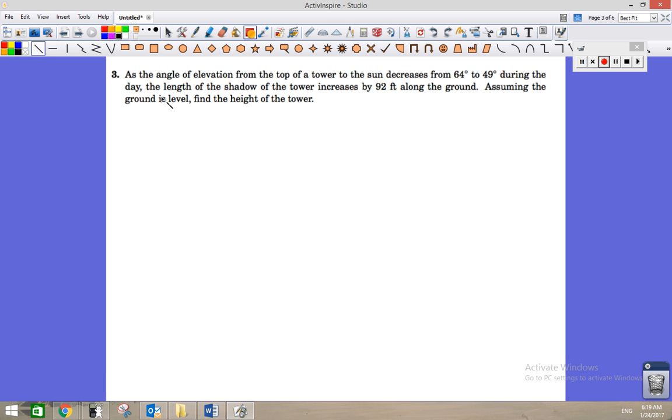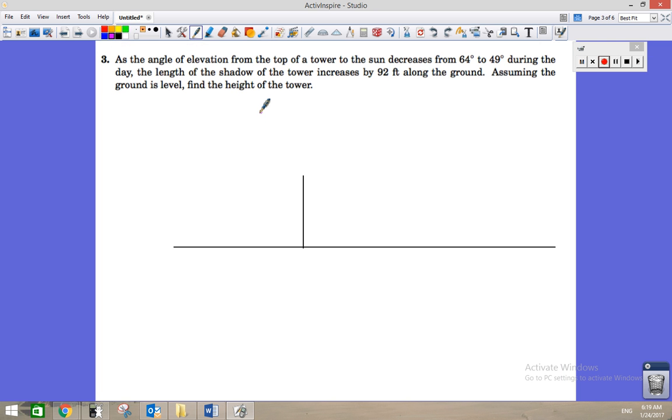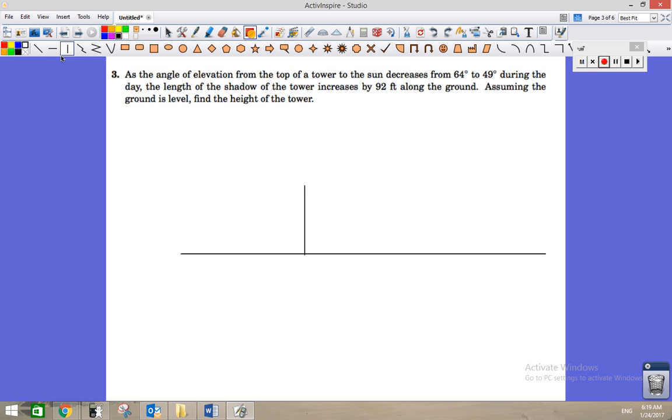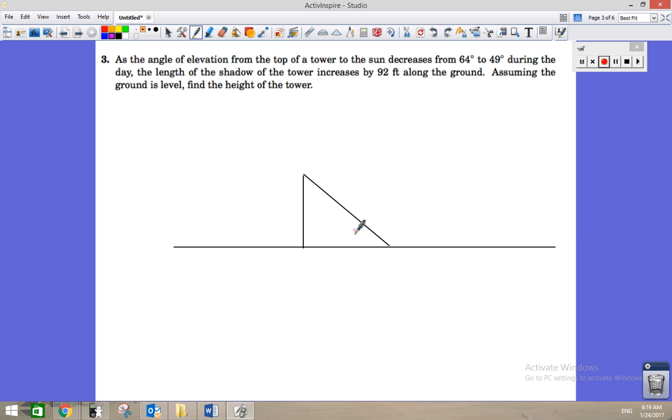So we have our ground, we have some tower, and initially the sun is higher, and the shadow that is cast, and shadows are cast on the ground, is here. So that's 64 degrees, an angle of elevation.